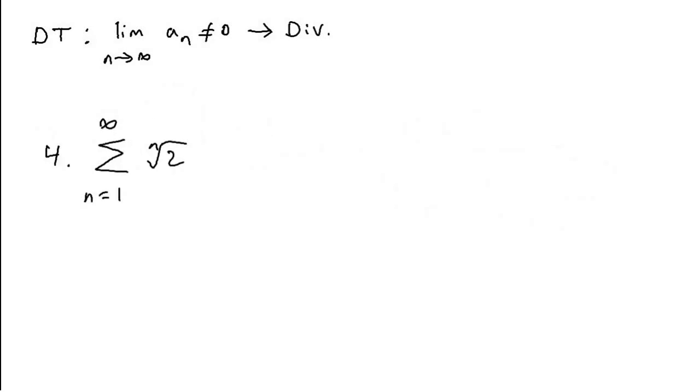So now we have the series from 1 to infinity of the nth root of 2. So once again, using the divergence test, we set the limit as n approaches infinity of the nth root of 2. So this may be a little bit difficult to conceptualize, but if you think about it, no matter how big the root is, the square root or the cube root, or maybe even the 100th root of 2 will never equal 0, but it'll probably get closer and closer to 1.